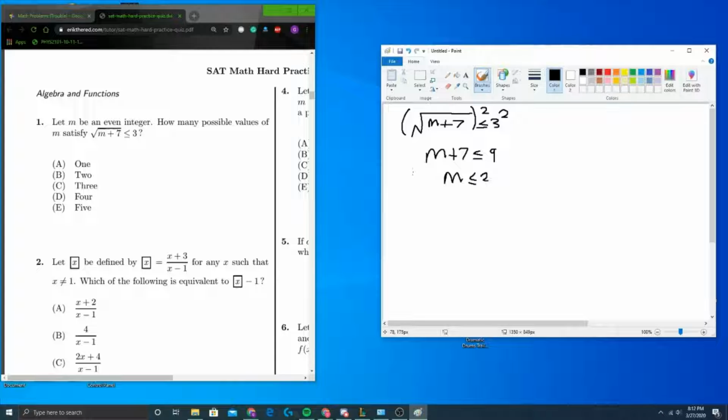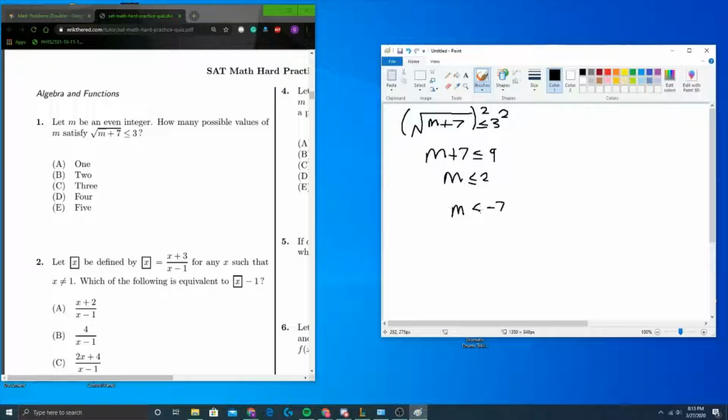But then there's also another part that we cannot forget: m cannot be less than negative 7.